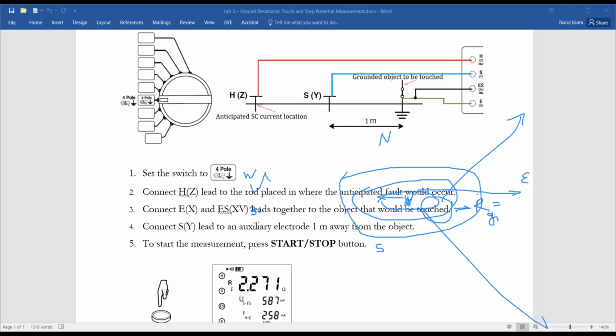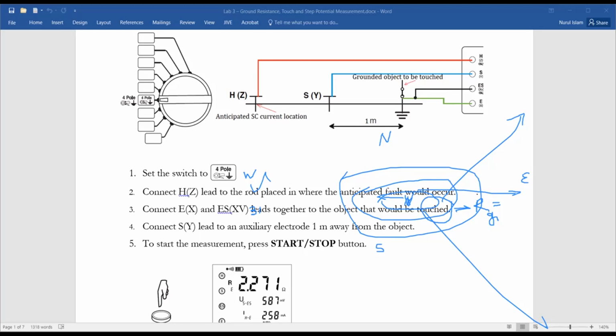And basically the step potential we measure not very far from the substation fence or any equipment. Okay, so whenever any fault may happen, if you will be close by to the grounded object, then we have to provide the safety, and that's why we have to measure the step potential as well.